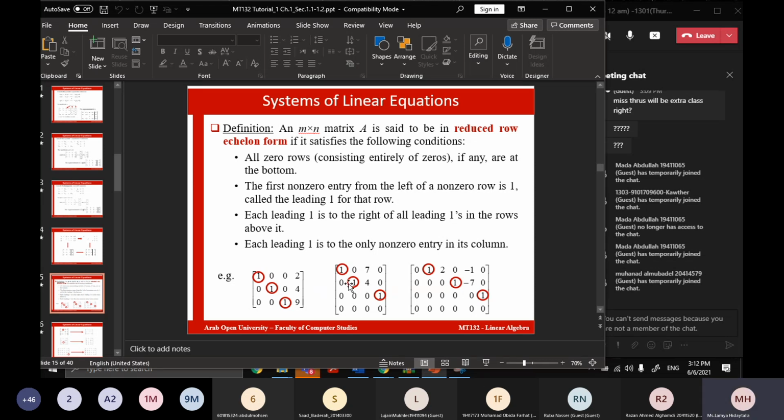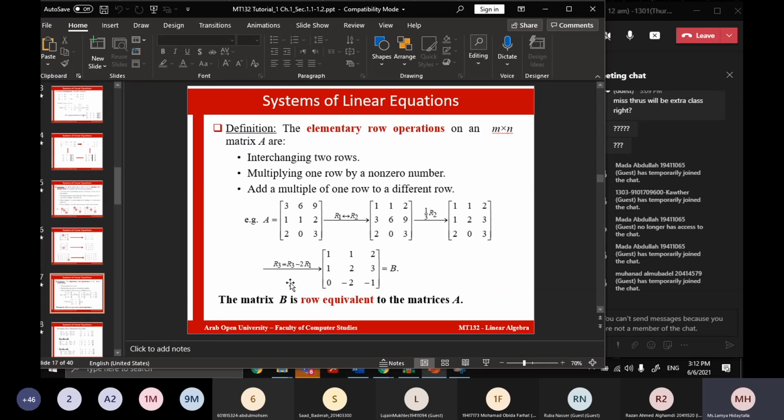To do this, the only possible operations are the elementary row operations, which are only on the rows, not on the columns. To get an equivalent system, we can interchange the rows. We can multiply one row by a non-zero number.